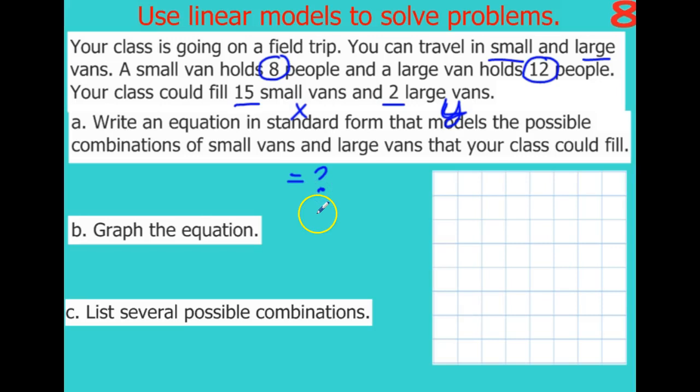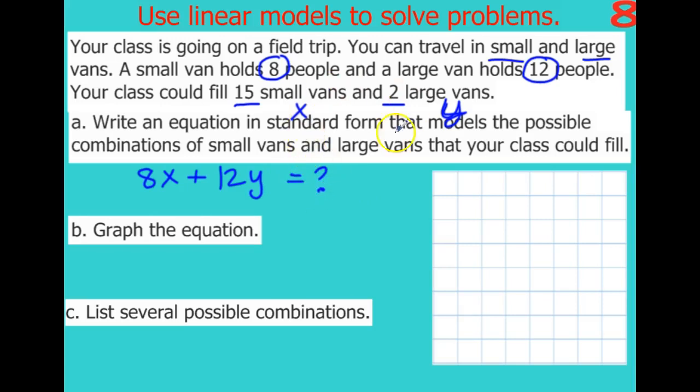So we know the total. They don't tell us how many total people we have. We could figure that out in a minute. But right now, I know the small ones, X, hold 8 people. So 8 times X, plus the large vans hold 12 people, and that's represented by Y. That will give us our total number of people that we could fit in both the vans.